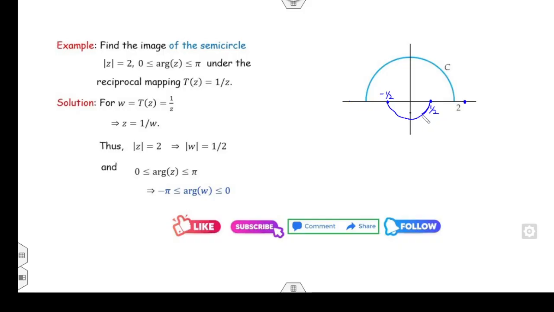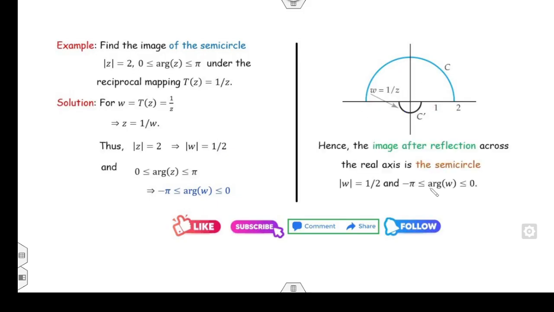So that is the graph of w equal to 1 over z. The modulus is half, and again it is a semicircle, an inverted semicircle. So the image after the reflection by the reciprocal mapping is modulus half, with argument from minus pi to 0.